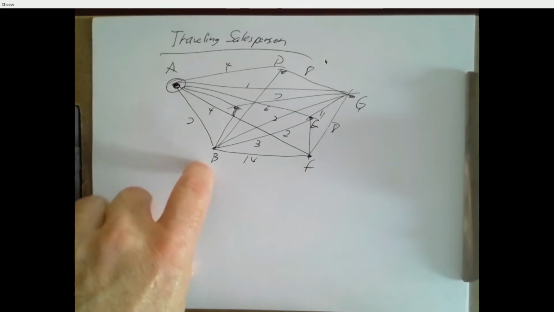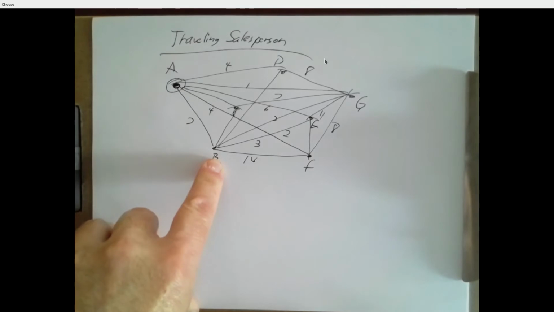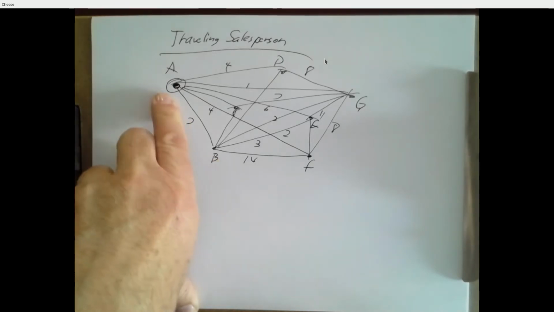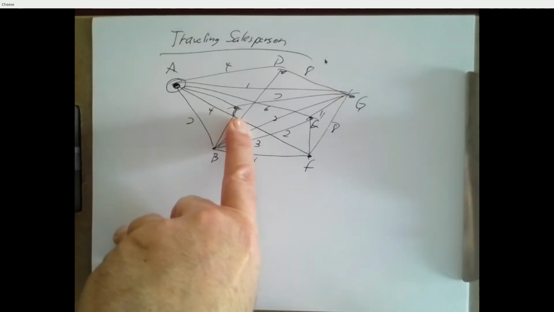I can go to either B, C, D, E, F, or G. And if I choose to go to B, then I have 6 choices after that. I can go to C, D, E, F, G, or I could go back to A. Right? And if instead I chose to go from A to C, I've got 6 choices there. I can go to D, E, F, G, A, or B.